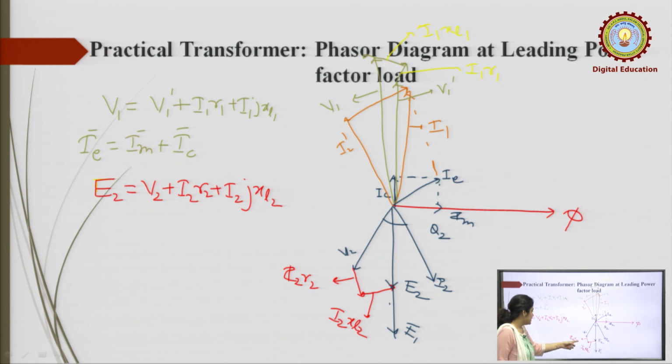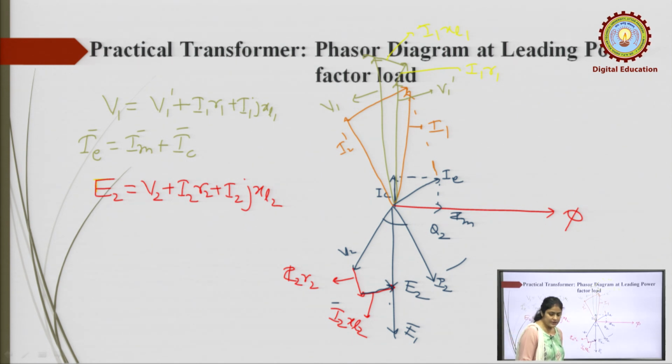I2 R2 is the voltage drop across the resistance, so that voltage will be in the same phase as the current I2, parallel to I2. And what about I2 XL2? XL2 is the inductive element, so this voltage will lead the current by 90 degrees. So you can draw it like this, and this will become your E2.